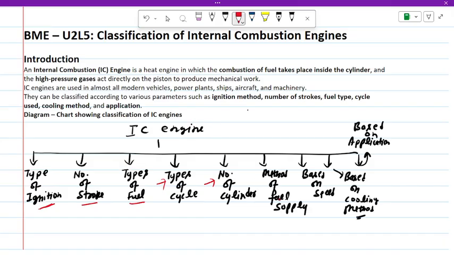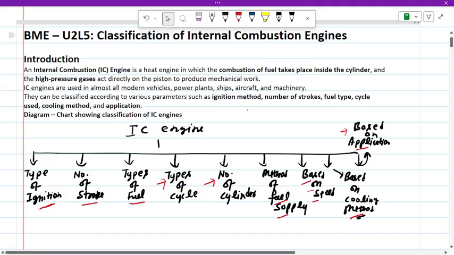Then the method of fuel supply, how the fuel is going to be supplied into the engine. And then based on the speed, cooling methods, and applications. There are several types, but we are focusing on the important ones, and once again the most important ones are the starting six only.